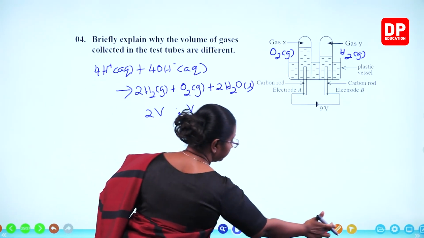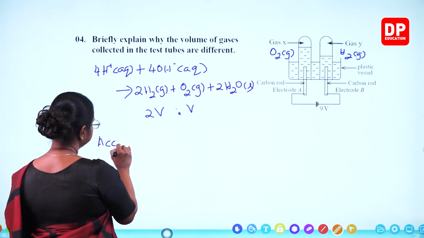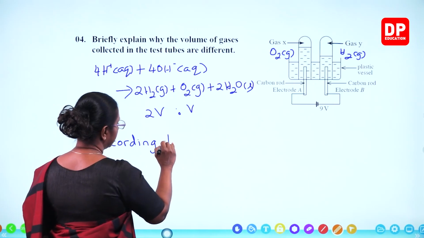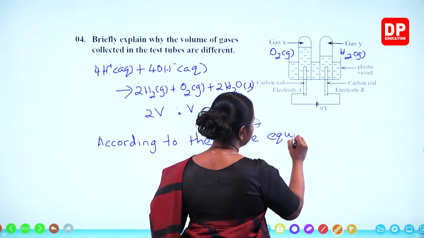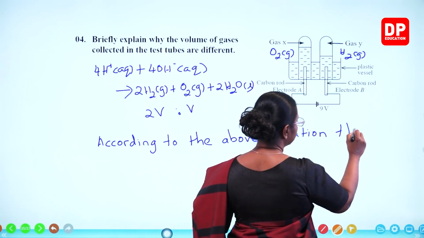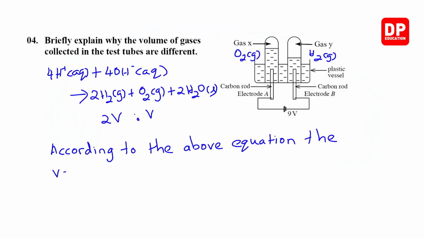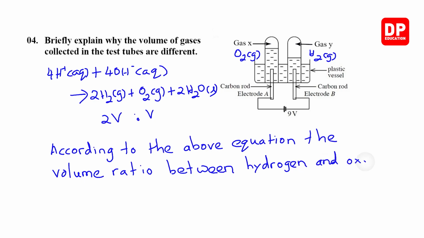So we can say, according to the above equation, the volume ratio between hydrogen and oxygen is 2:1.